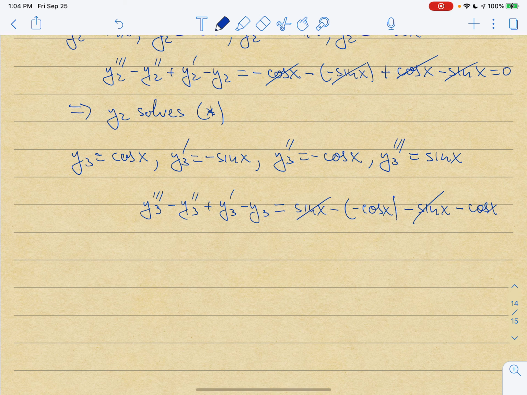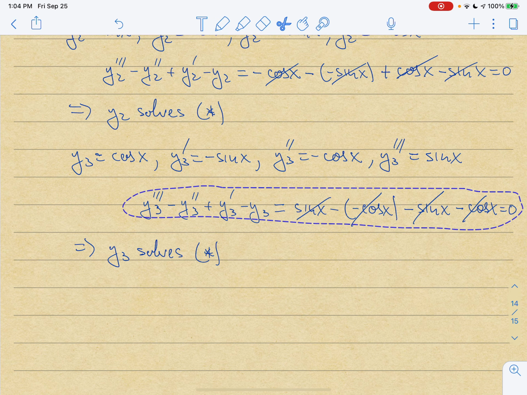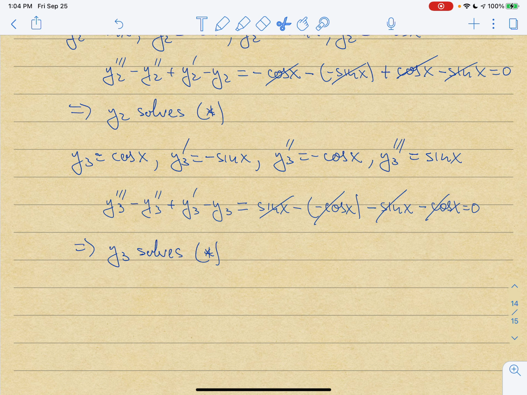Sine and minus sine cancel, plus cosine and minus cosine cancel, so cosine is also a solution of this equation. So y3 solves star as well.